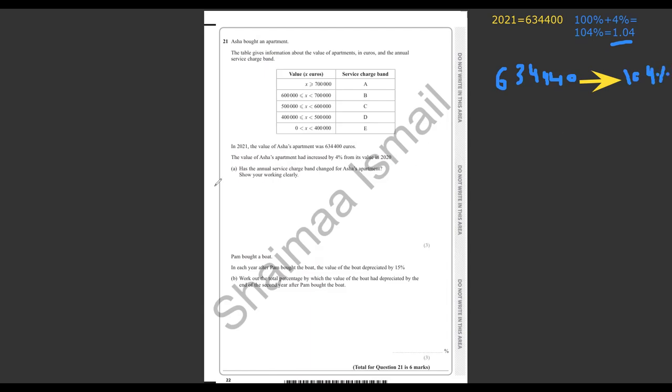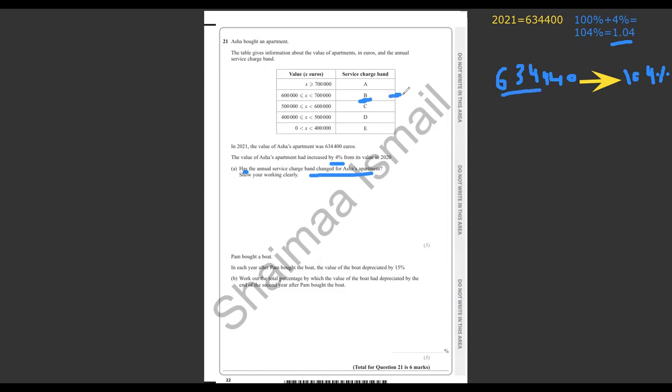And his question here: work out the total percent by which the annual price has changed. The value of each apartment increased by 4%, and we stop here. Has the annual service charge band changed for Asha? It was band B, between 600 and 700. It will be 634.